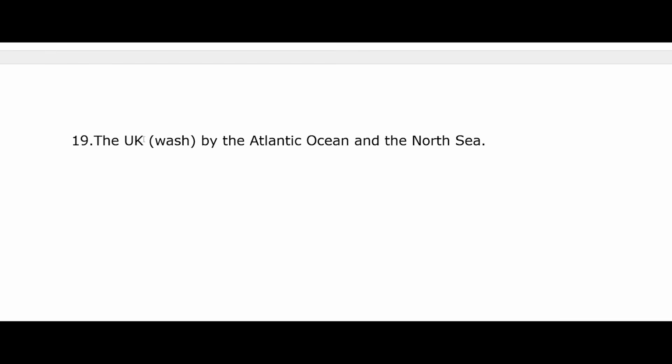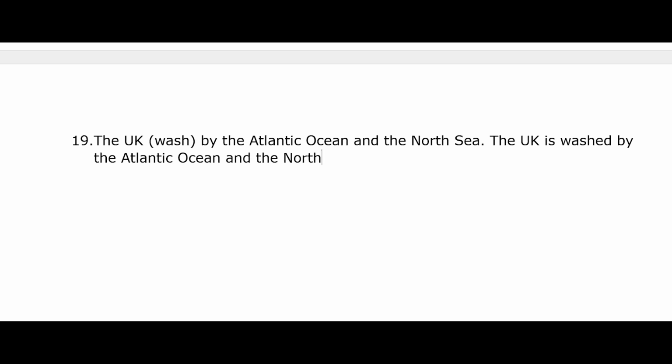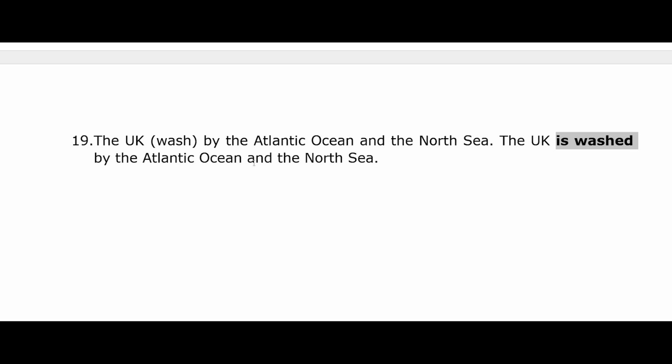And the UK by the Atlantic Ocean and the North Sea. Here is just usual present simple. The UK is washed by the Atlantic Ocean and the North Sea.